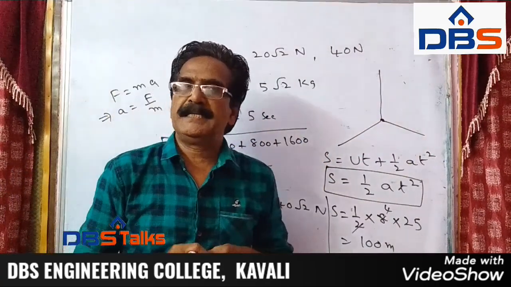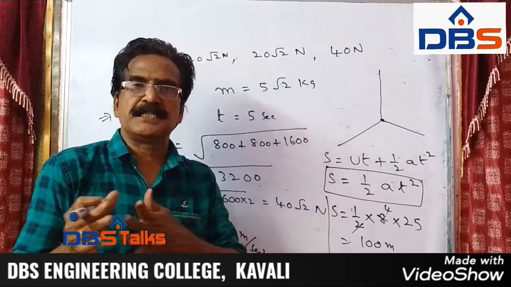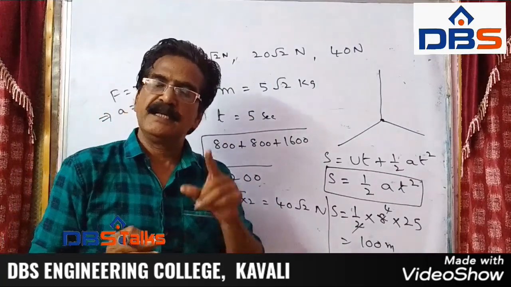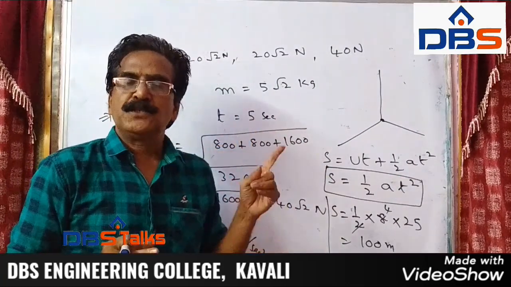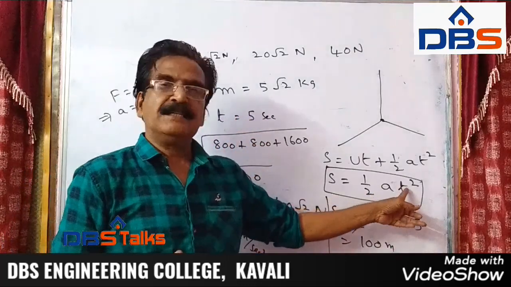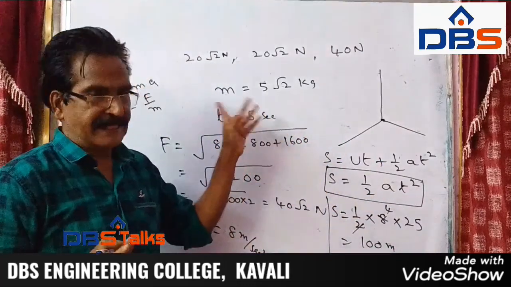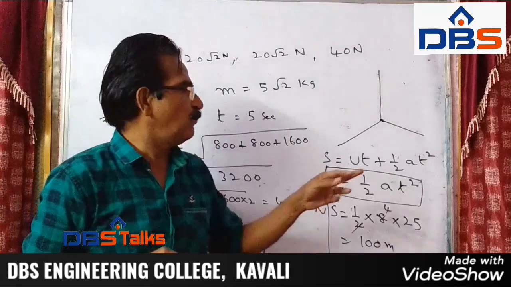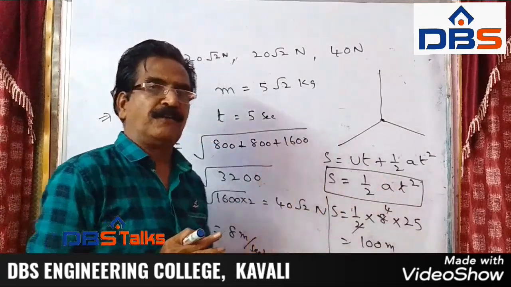So for displacement we know S is equal to ut plus half at square. ut is 0, so S is equal to half at square. For that T is known, 5 seconds. Now we have to find A.